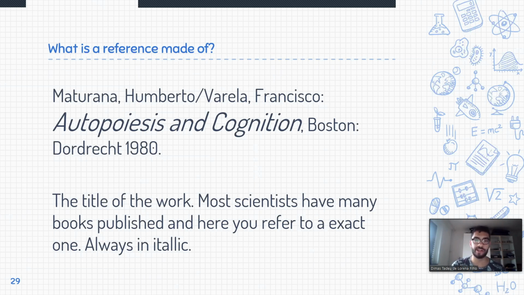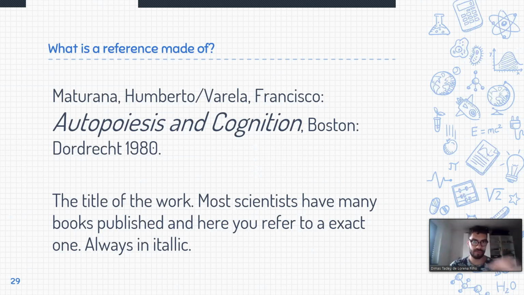If you're researching something specific, you have a great chance that you're going to use many books from the same author. You will have many Maturana, but the books will be different ones, and this is why it's important to refer to them. And it's in italic because then it's detached or highlighted from the rest of the reference.